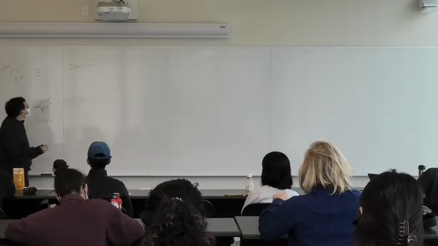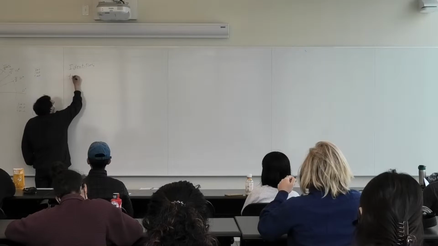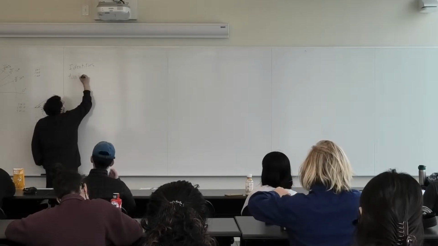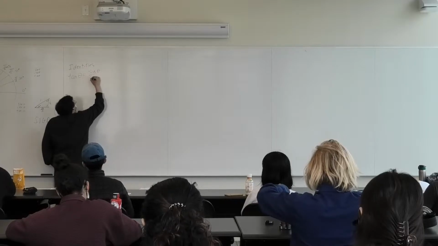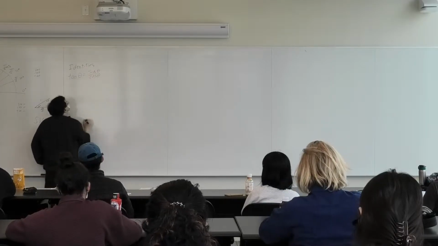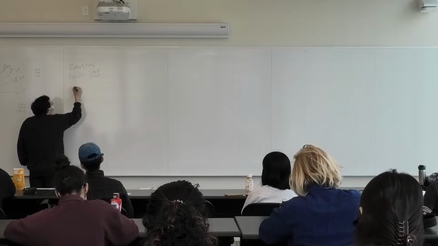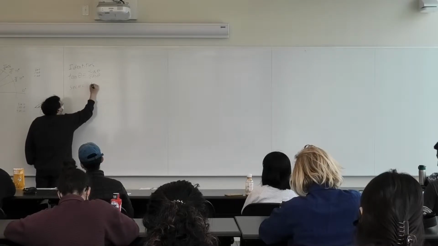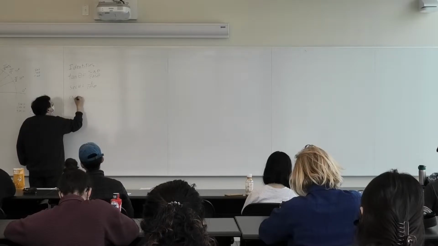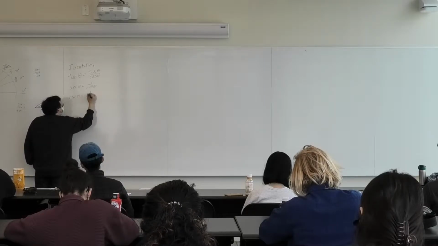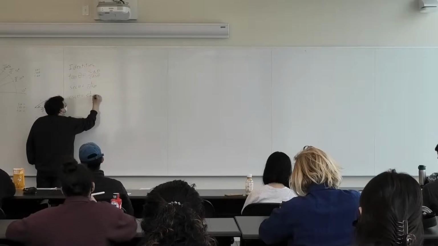But we have the tangent of theta is the sine of theta over the cosine of theta. Secant of theta is 1 over the cosine of theta, and the cosecant is 1 over the sine of theta.